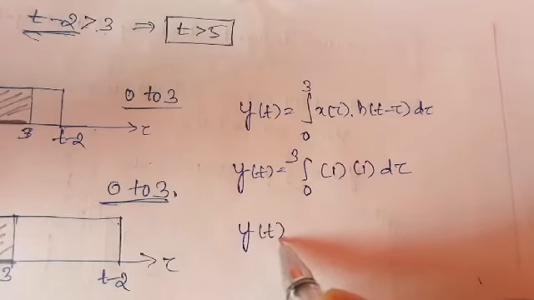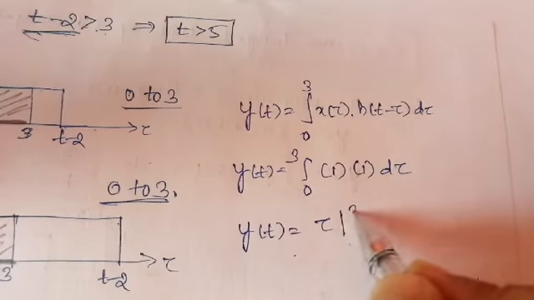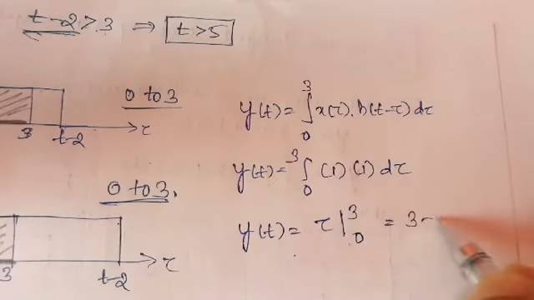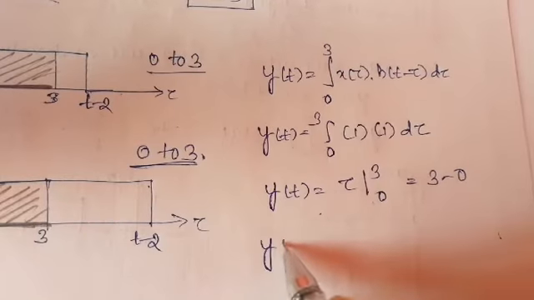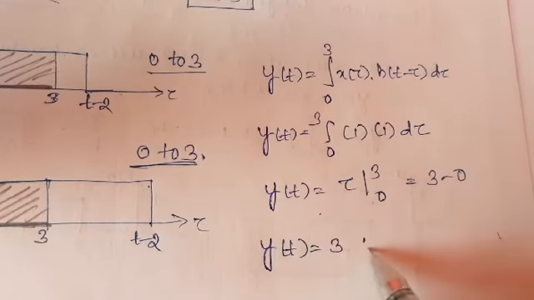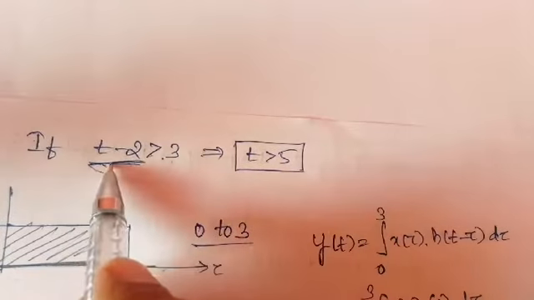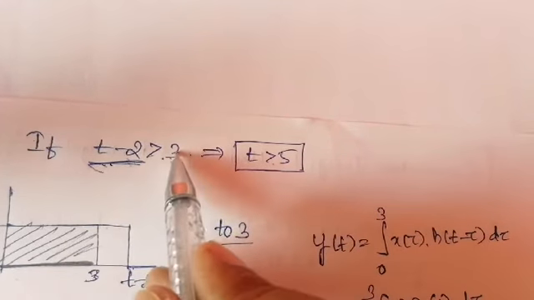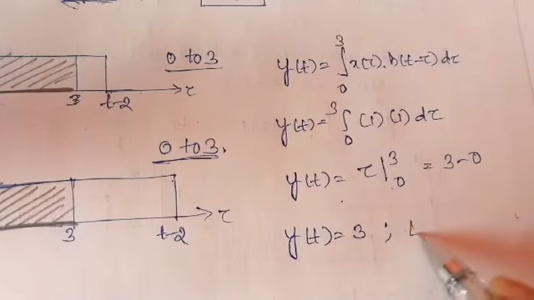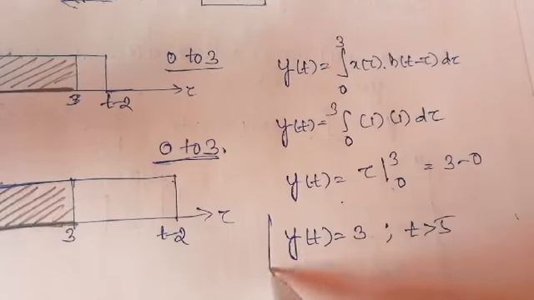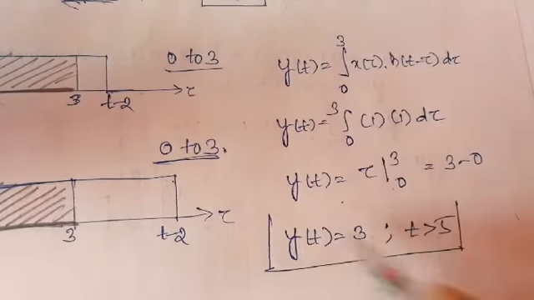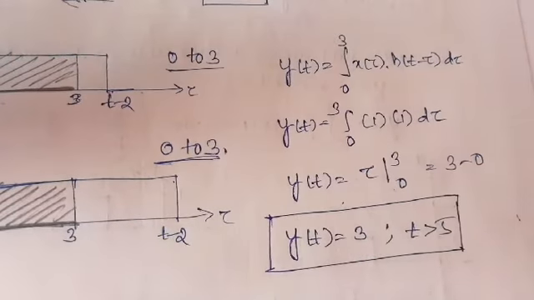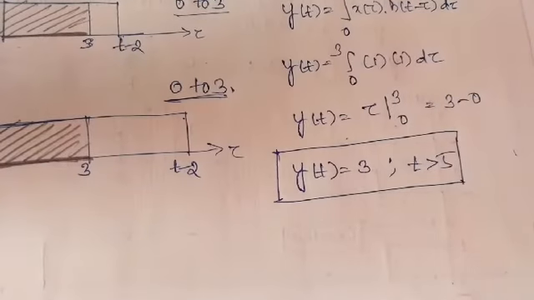So y of t is equal to tau from 0 to 3, hence 3 minus 0, it is 3. y of t is equal to 3, for which case t minus 2 is greater than 3. If you take it to the other side, it becomes 3 plus 2, that is 5, t is greater than 5. So it is also an overlap case. Any further overlap cases? No, only 2 cases are there.